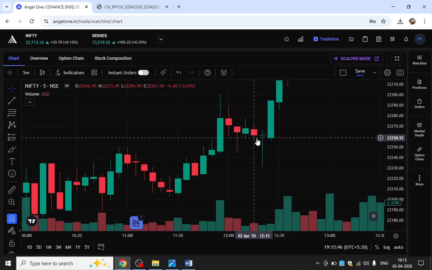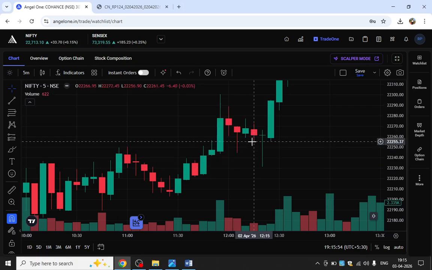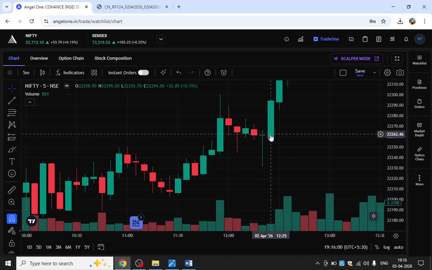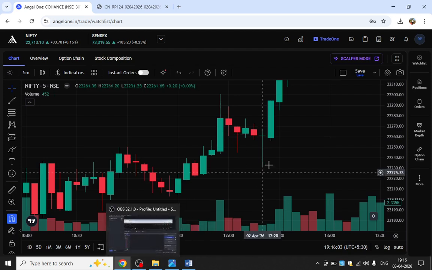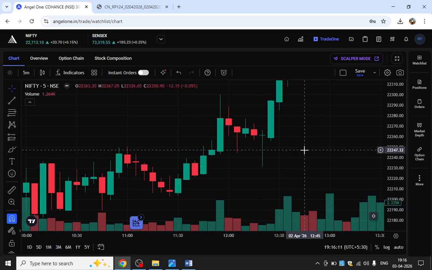I should have waited for the price to go above this bar, bar number 37, but price didn't go above it, and before that I took the trade and I got stopped out. Because it was my stop loss, I didn't pay much attention, and it is my rule that I shouldn't do anything about it.